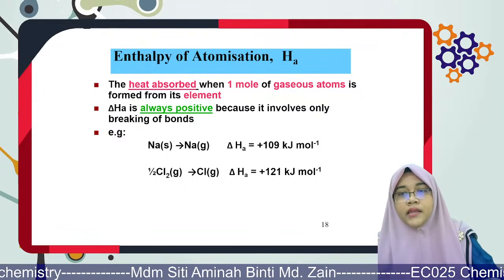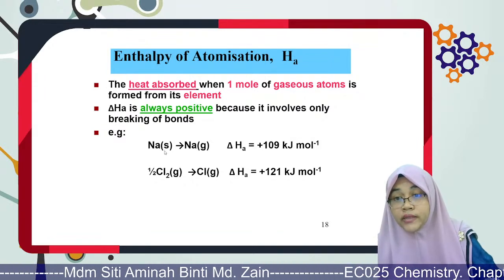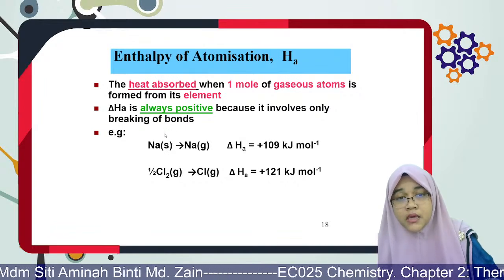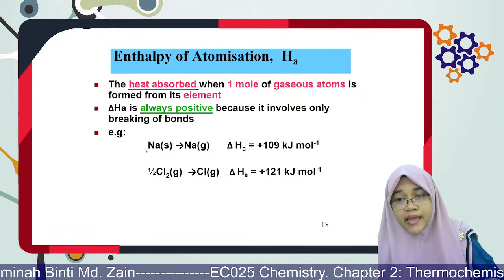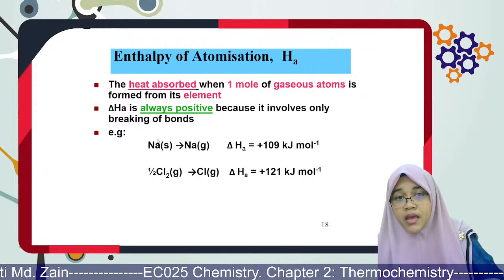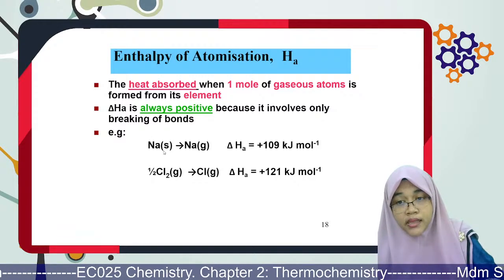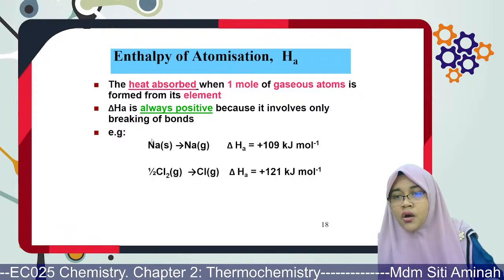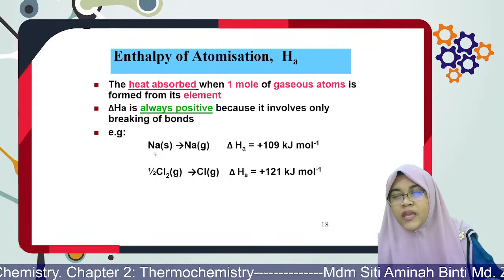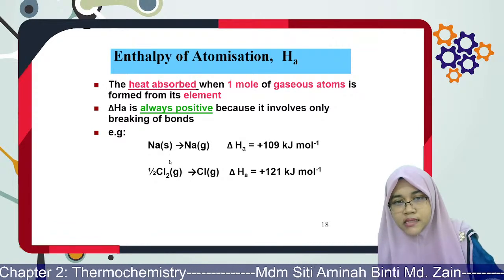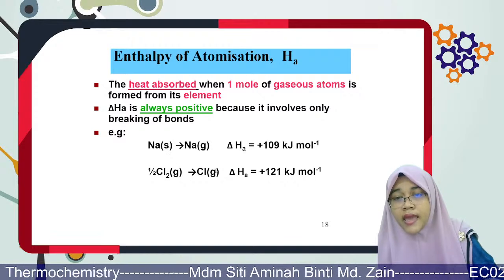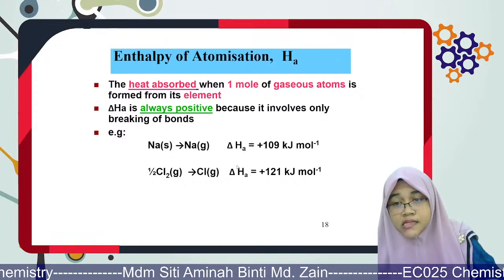For example here, we've got sodium in a solid phase, because sodium as a natural element at 25 degrees Celsius exists as a solid. We cannot call it an atom because it is in a solid phase. An atom must be in the gaseous phase.